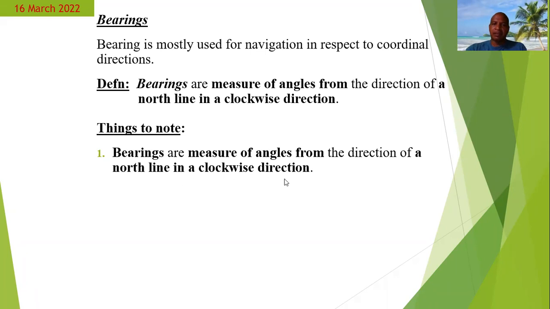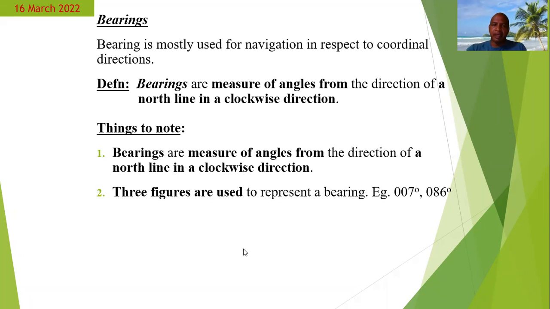Now, bearings, well, this is restating the definition. So bearings are measure of angles from the direction of a north line in a clockwise direction. Now, when we write our bearings, remember, bearings is an angle, but we have a special way how to write these angles. We write them with 3 figures. So every bearing is written with 3 figures.